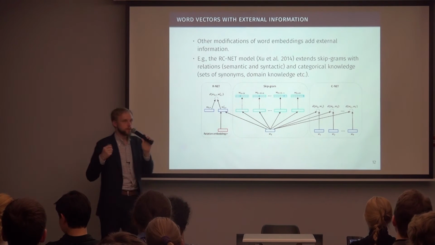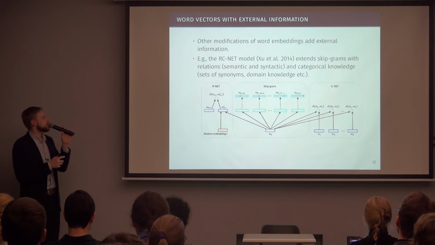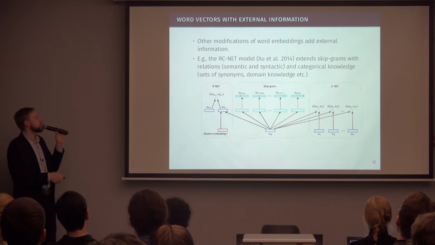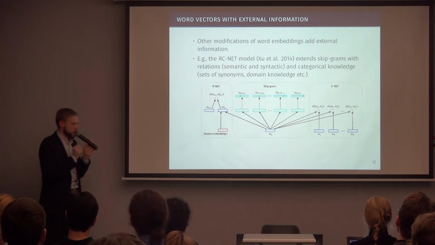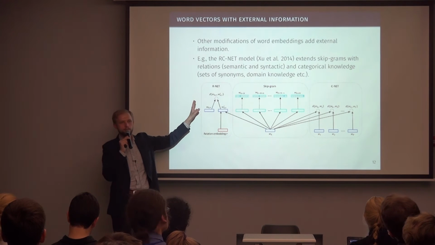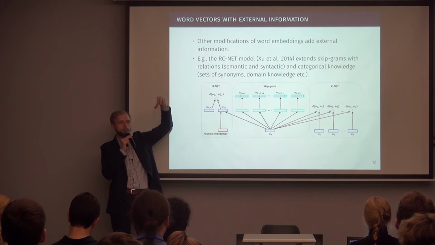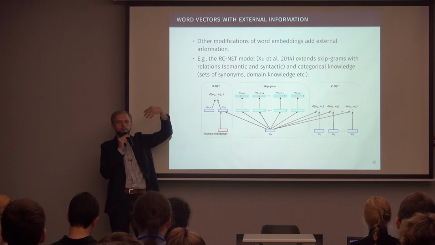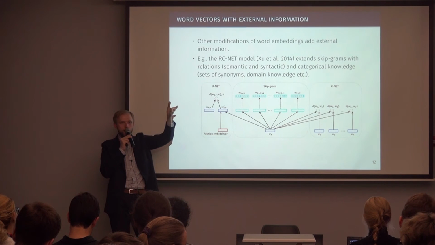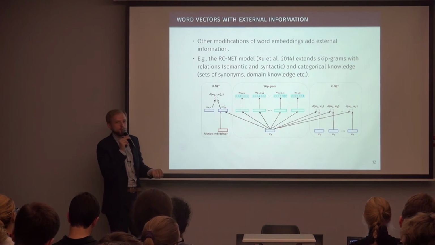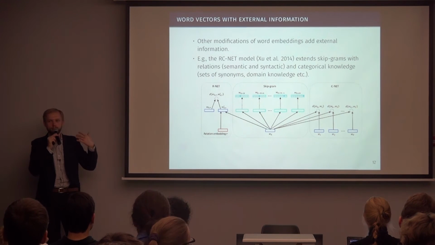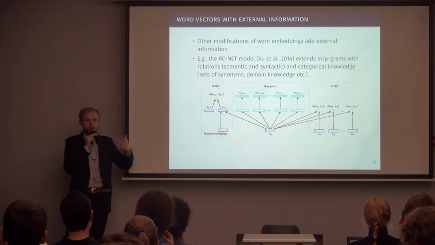Before we move on, maybe I can mention one more modification of the word vectors. There are works on word embeddings that try to add some kind of external information to word embeddings. We have seen that word embeddings automatically produce reasonable semantic relationships between the words. But in many cases we already know these semantic relationships. We have Wikipedia, we have WordNet, we have huge ontologies.